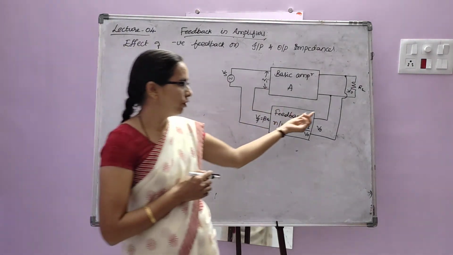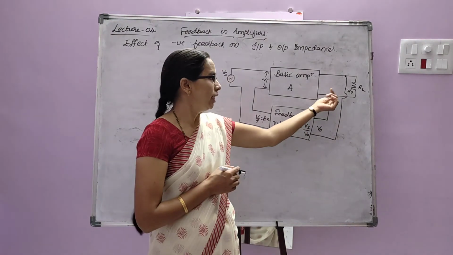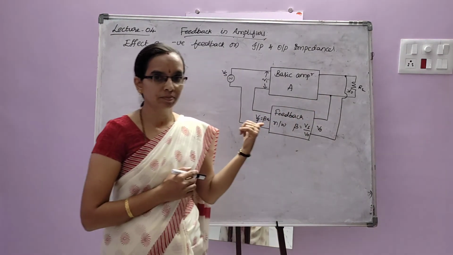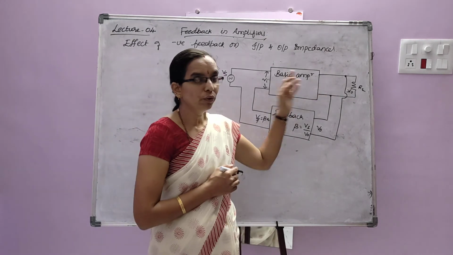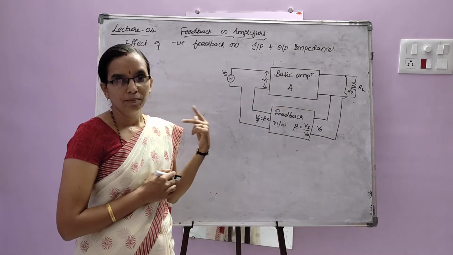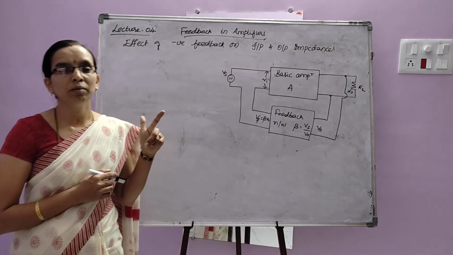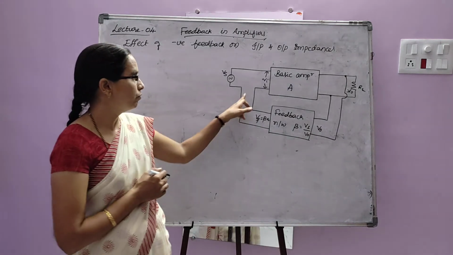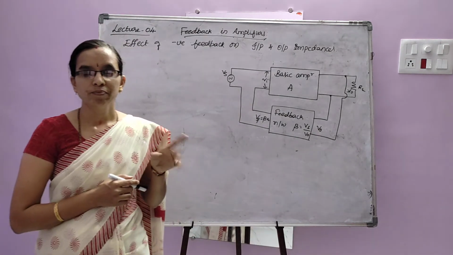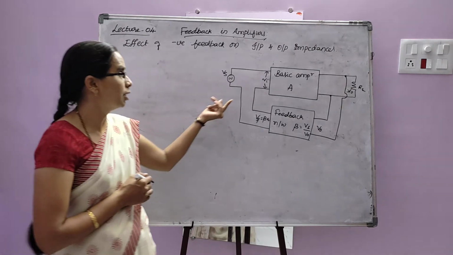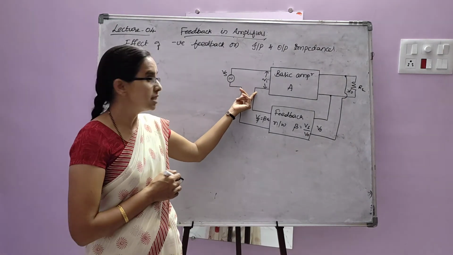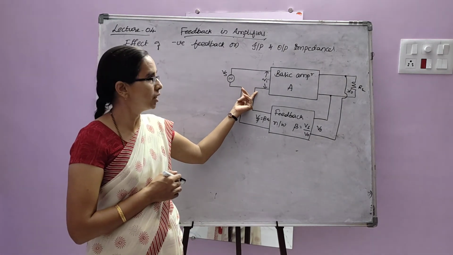See, as we have taken the voltage output in a parallel connection, when you connect in parallel, the output impedance reduces. If the connection is in series, then the impedance increases. In the input side it is in series, so input impedance increases.